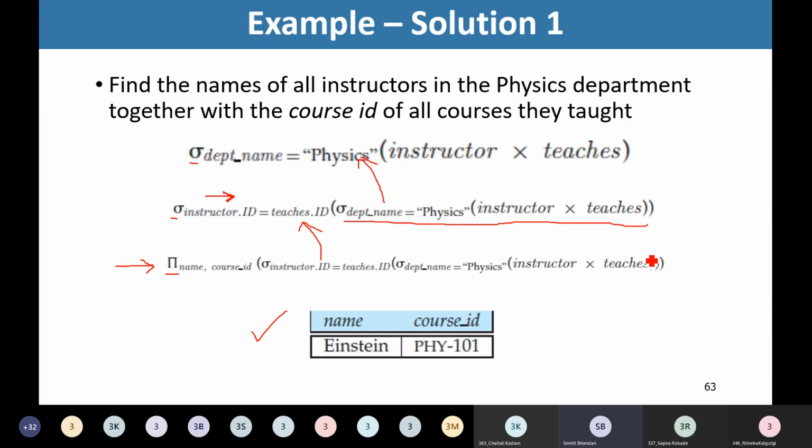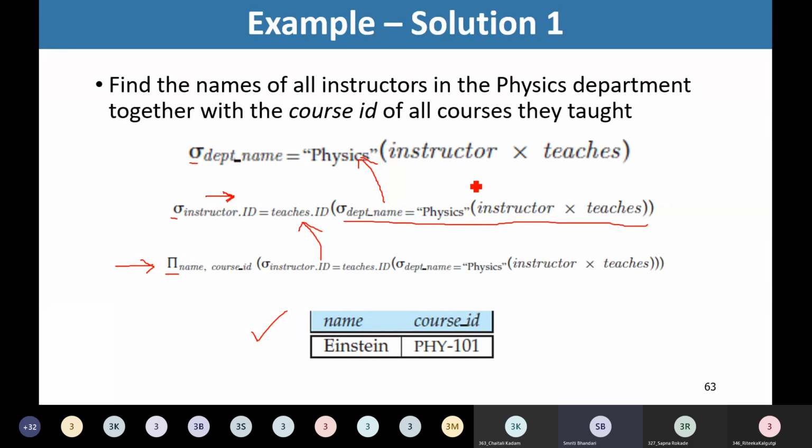Fine. So let's proceed with another solution. This is solution number 1, as I stated, but not necessarily do we have only this one solution. We may come up with many such solutions for the same problem.